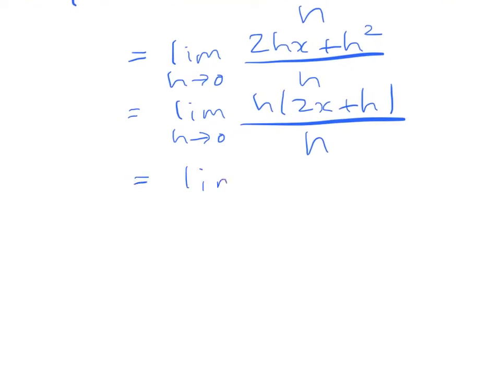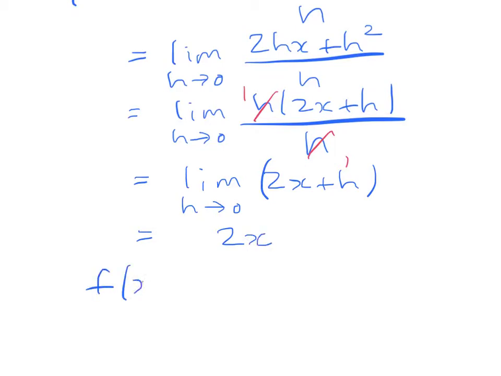You can clearly see that the h's are going to cancel, and that leaves us with 2x plus h. Clearly as h tends to 0, this gets closer and closer to 2x. So if we start off with f of x equals x squared, the derivative is always 2x. That's doing a derivative from first principles. Some of them might get a little bit more confusing, but that's the basic idea.